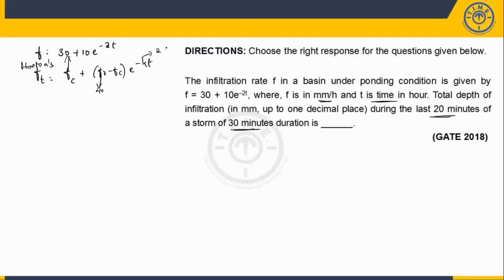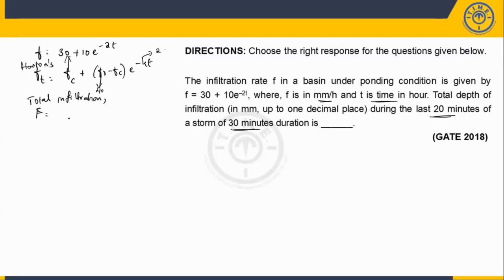Now what we do is we will simply integrate. Total infiltration I am writing in capital F. Total infiltration capacity is denoted with small f.